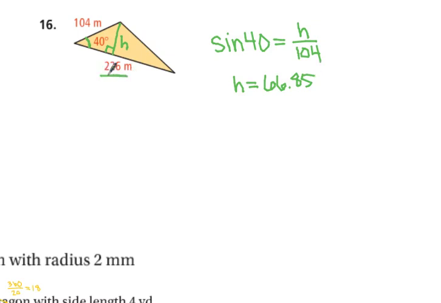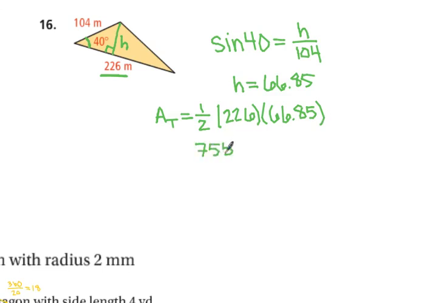Here's my base. The area of this triangle is going to equal 1/2 our base times our height, which is going to give us 7,554.05 square units.